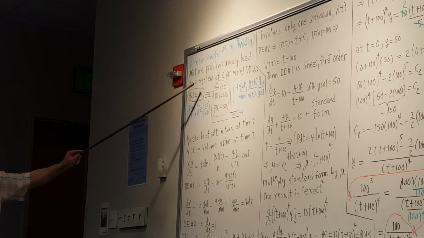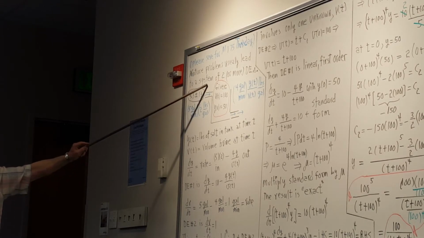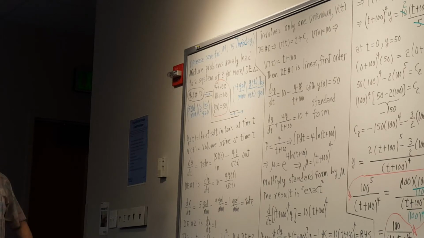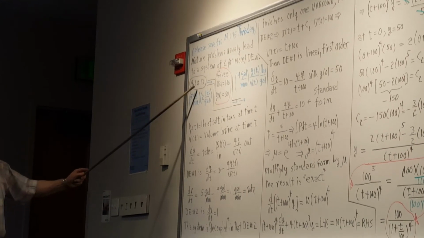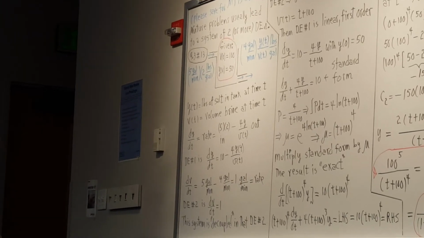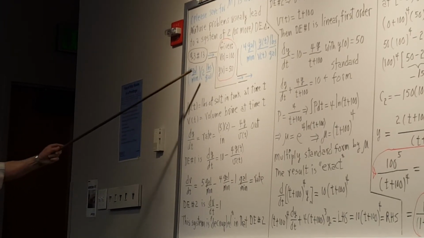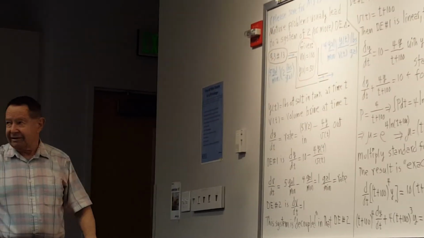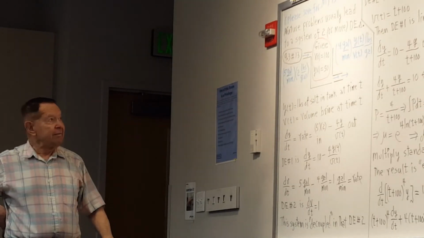Mixture problems usually lead to a system of 2 or more differential equations. So this is problem 13 in the book, and what we have is a mixing problem of water with salt in it, which is what we call brine.